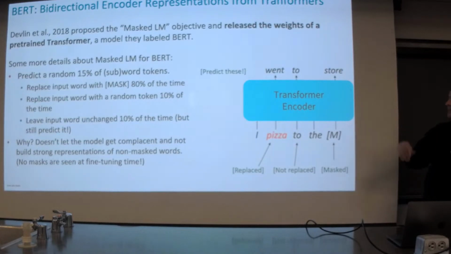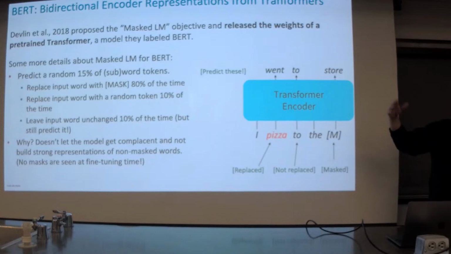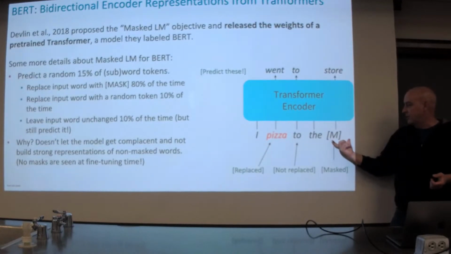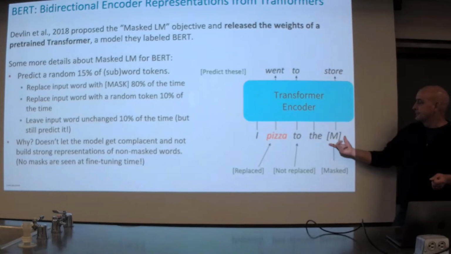From those 15 tokens, we're going to take 80% of them, so 4/5 of them, and we're just going to mask them. We're going to add a token to our vocabulary, kind of like the unknown that we saw before when we were doing neural machine translation.